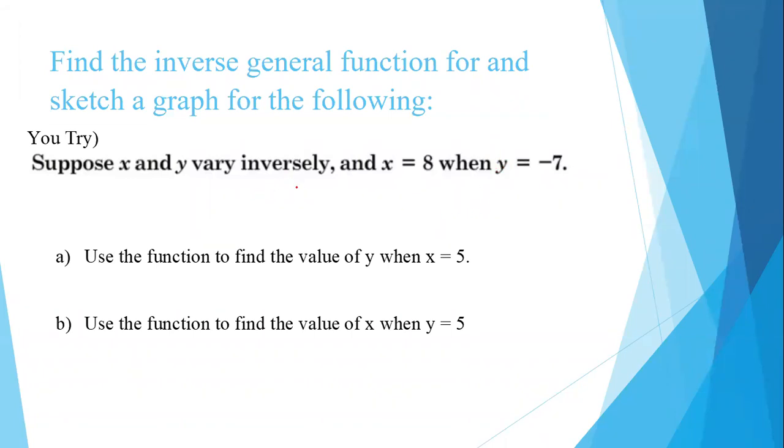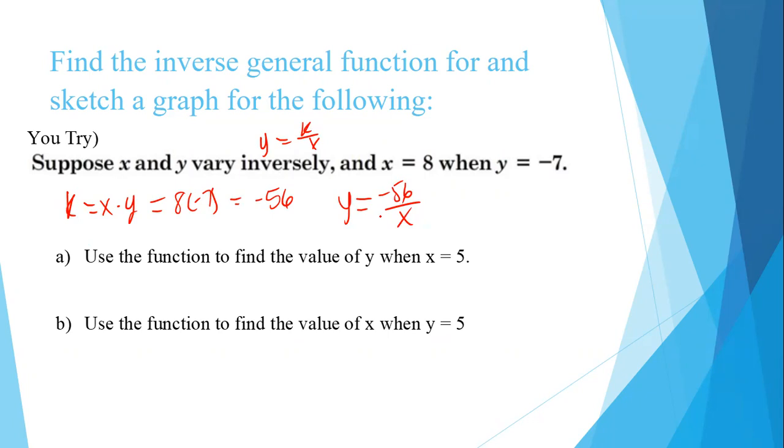So it told us inversely, and it gave us our x equals 8 and our y equals -7. So we're working with y equals k divided by x. So we know that our k equals x times y. So that gives us 8 times -7, which equals -56, right? So our model is y equals -56 divided by x.